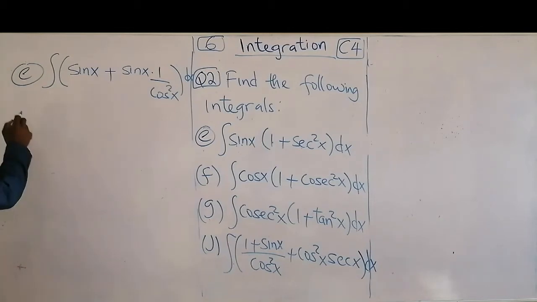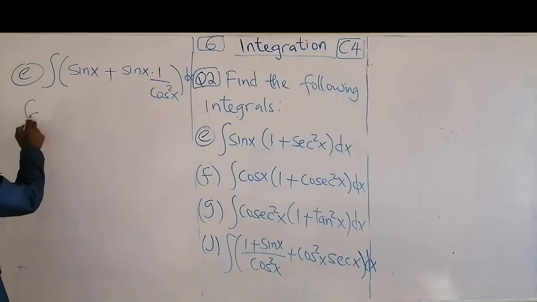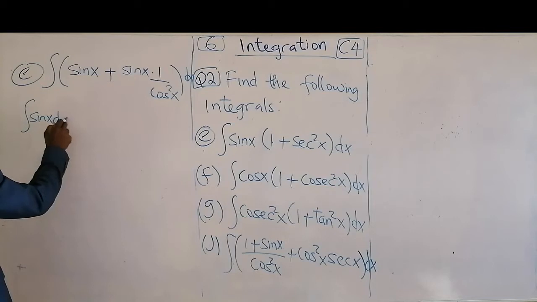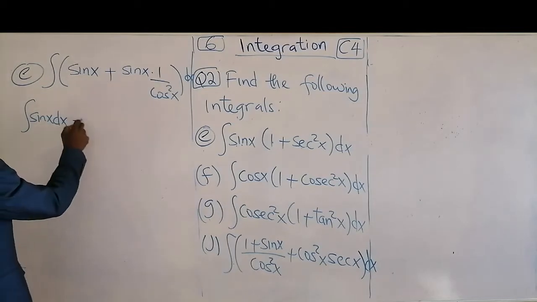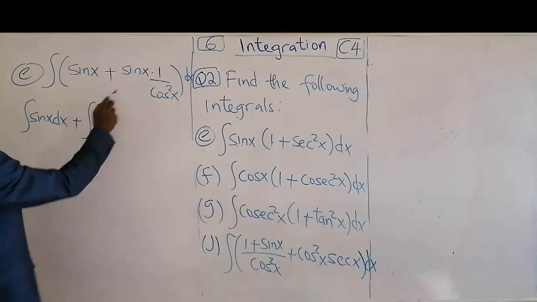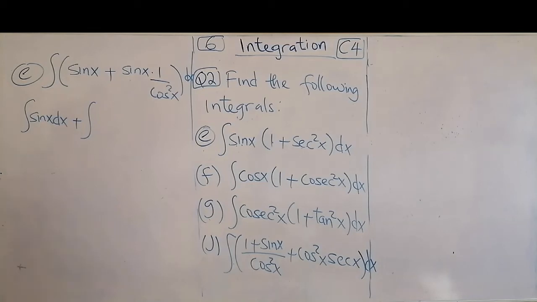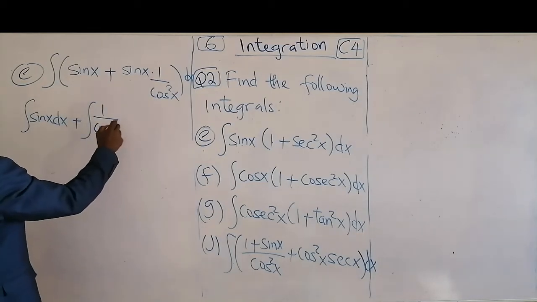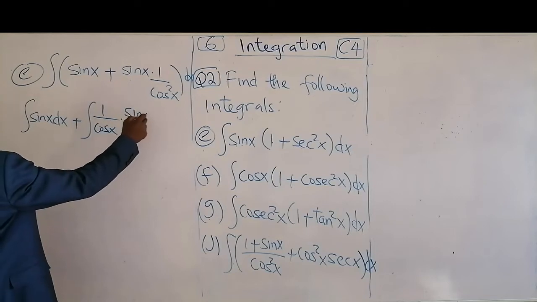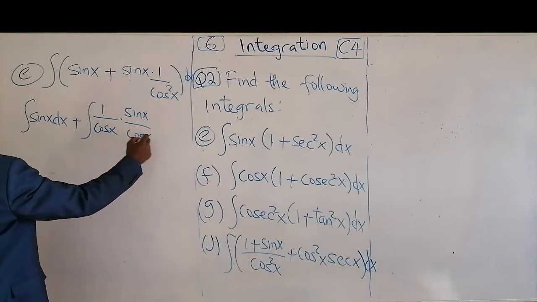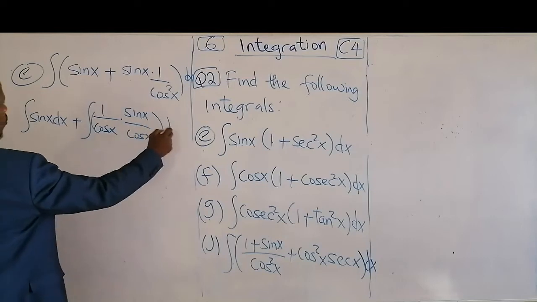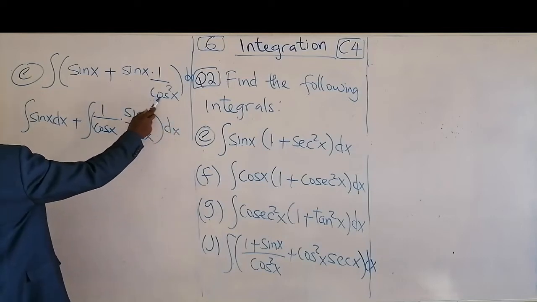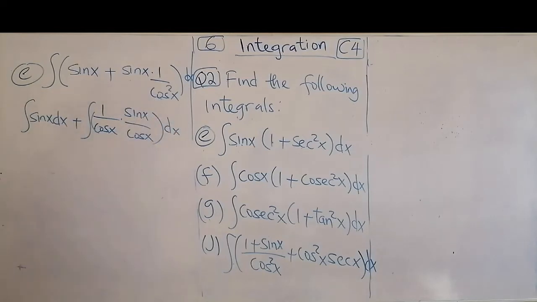Okay? So we now have integral of sine x dx, then plus integral of this one, which will be 1 over cos x times sine x over cos x. What I did is just to split the cos square x into 2 parts.